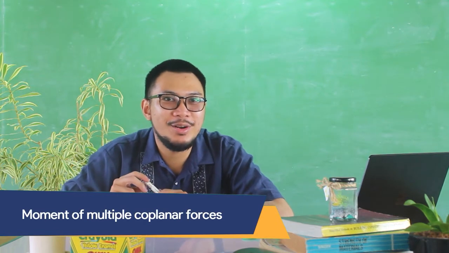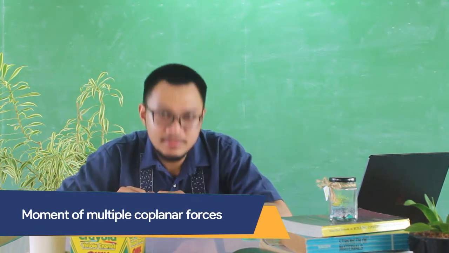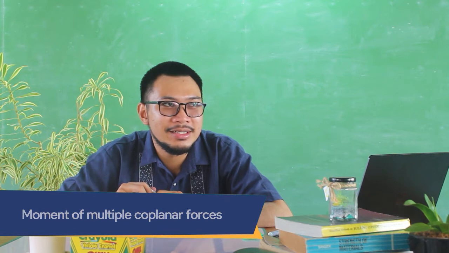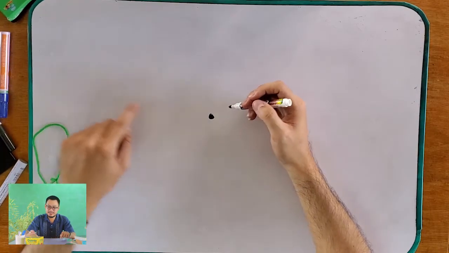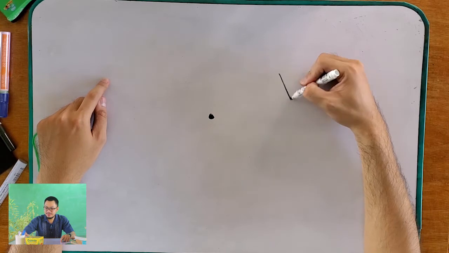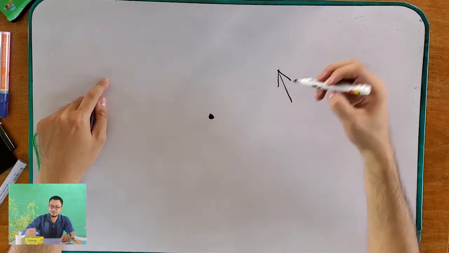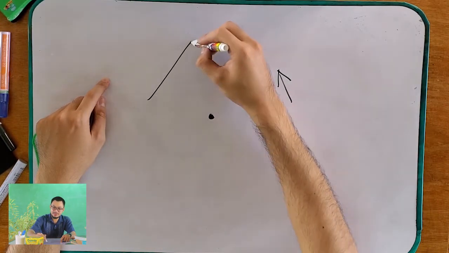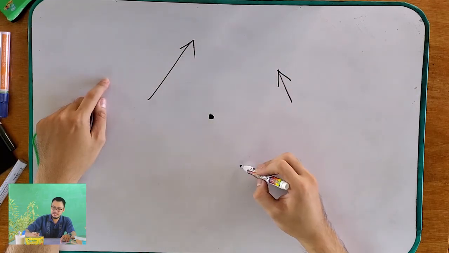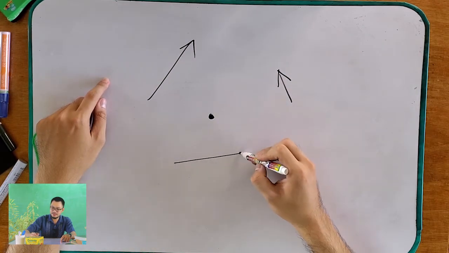Understood? How about when we have multiple forces? How are we going to sum the moments of multiple forces? For example, I have this moment axis, I have this force, this force, and this force.